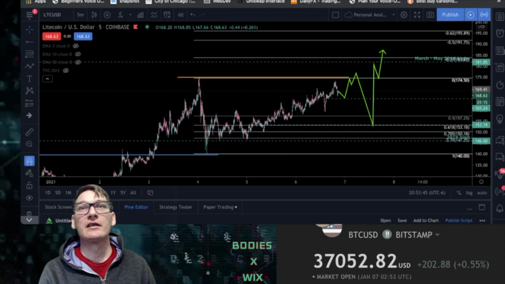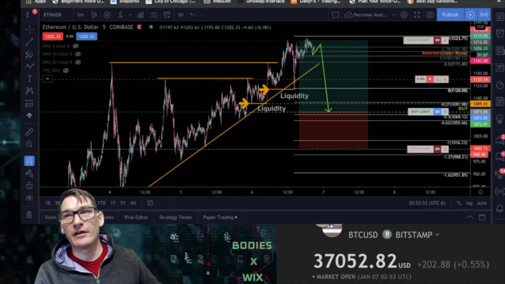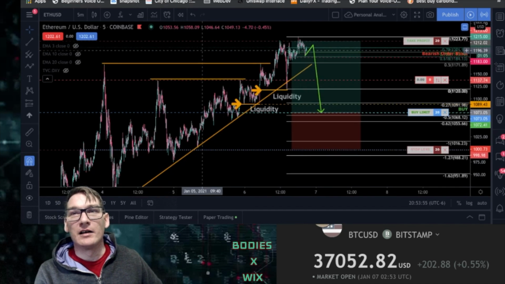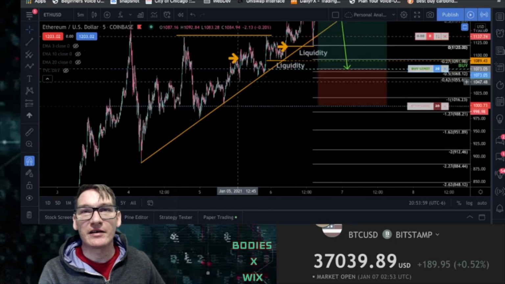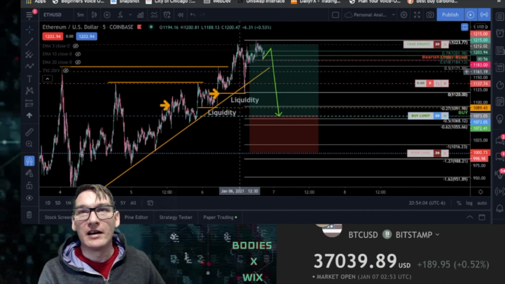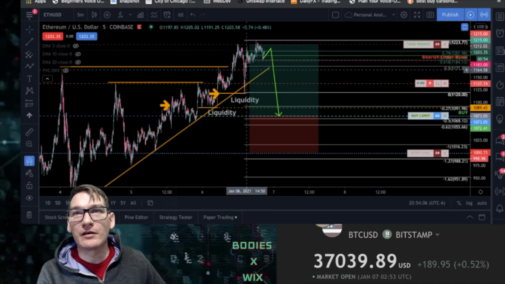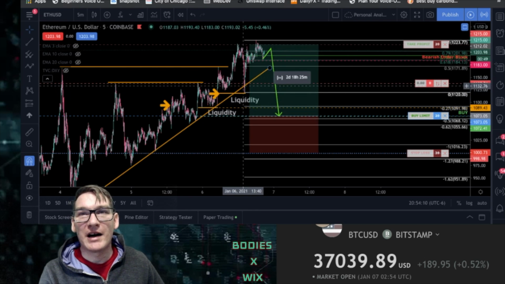So that being said, what I want to do is look at Ethereum as well, because I have kind of a theory on Ethereum. Okay, so it has this trend line, right? It came down and it busted through the trend line today. And I'm sure there were a lot of people probably trying to buy at this trend line.